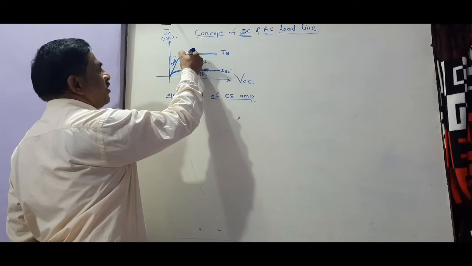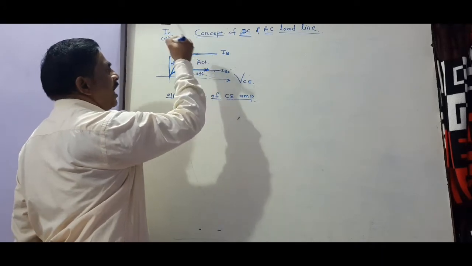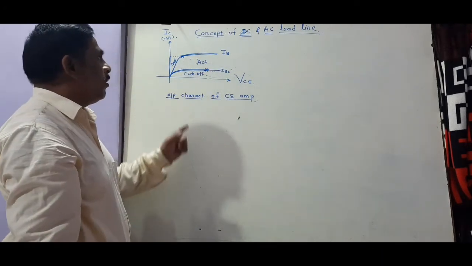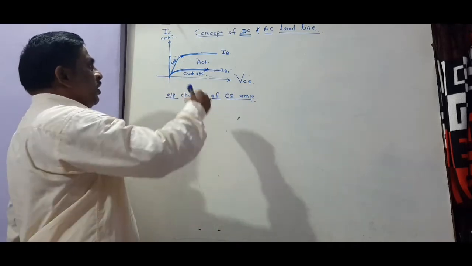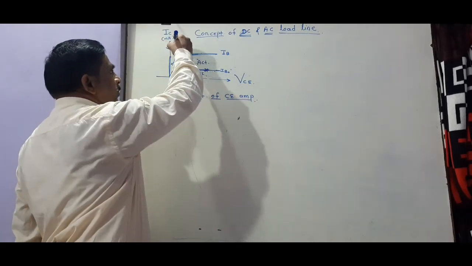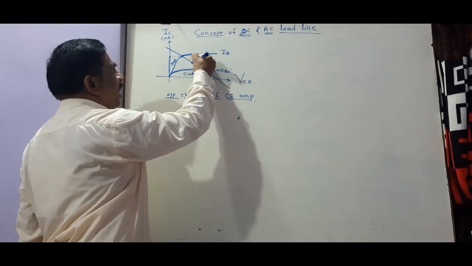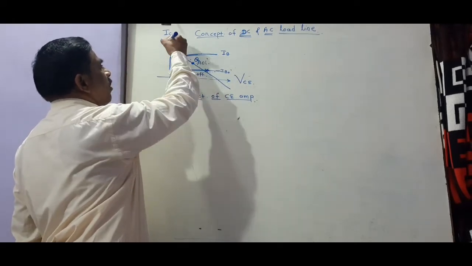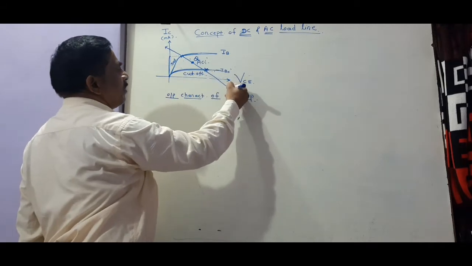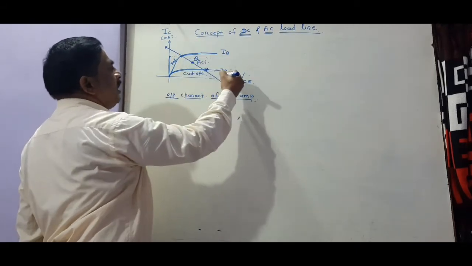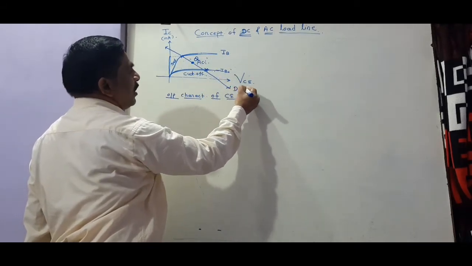A straight line joining these two extremities and passing through the operating point of the transistor is called a DC load line.